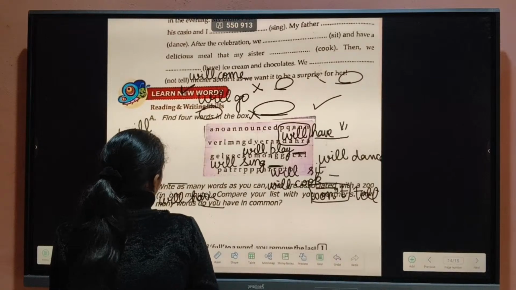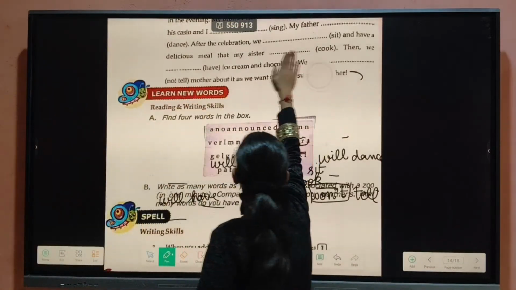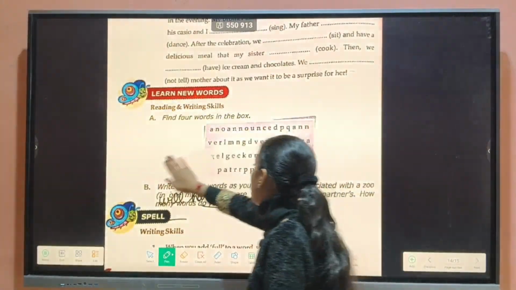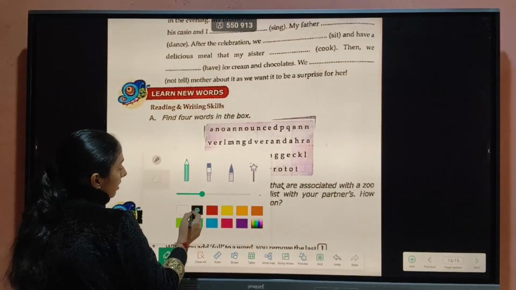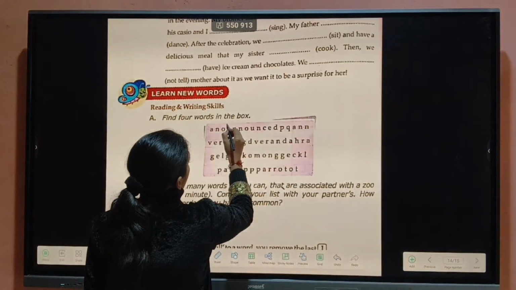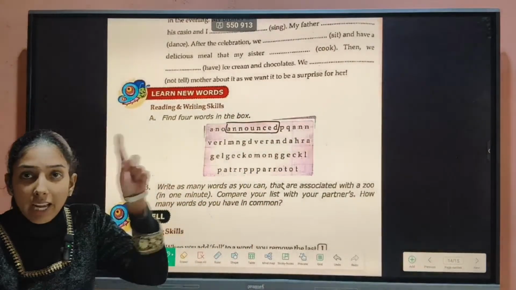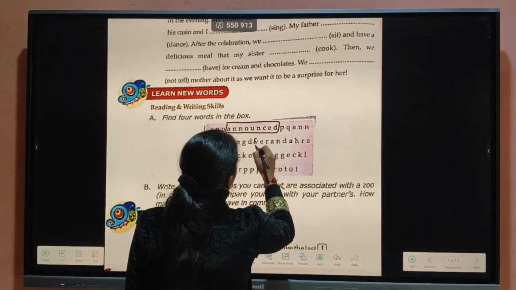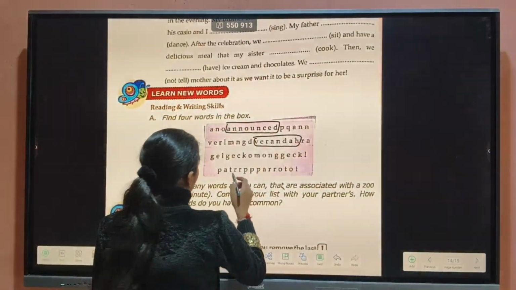In this exercise, you have to find 4 words in the box. Okay, in this pink box here, some random letters are written. You have to find out 4 words in the box. So let us search. In first line, announced, ANNOUNCED, encircle it with a pencil. In next, beta, veranda, okay, a place at your home.